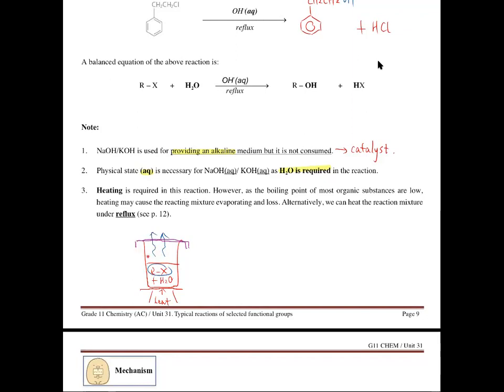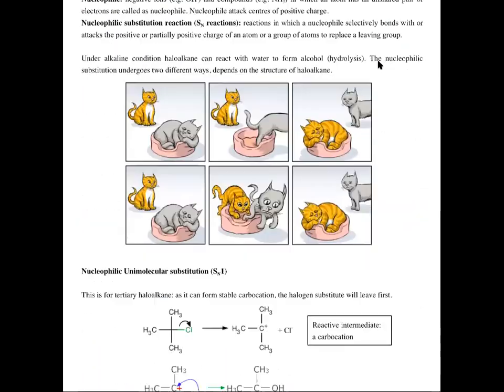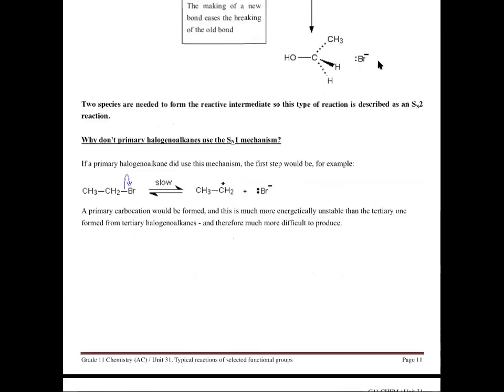So this is not a practical way to solve the problem. So we designed a special setup called reflux to solve this problem, okay? To deal with something that has a low boiling point, but we want to keep it in the container for reaction. So let's move on to page 12 to talk about the experimental setup first.